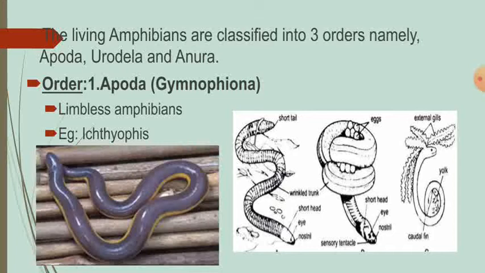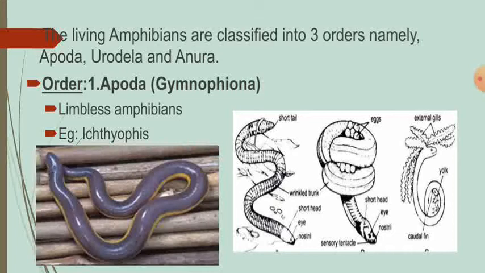Gills and gill slits do not occur in the adult. Vocal cords are also undeveloped. The skull is compact and has a complete bony roof. The mouth is present anteriorly, and teeth occur in both the jaws.